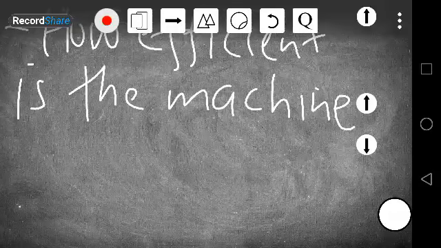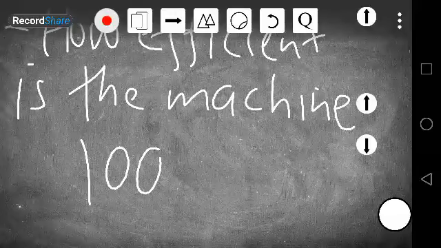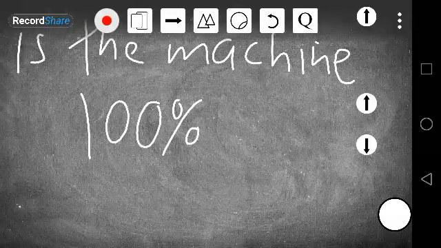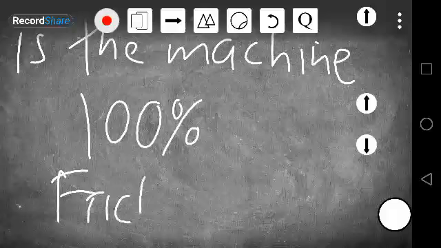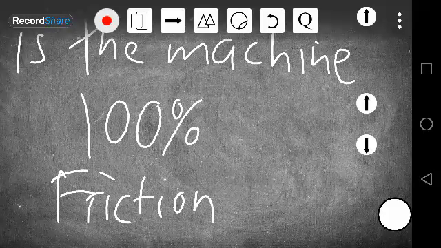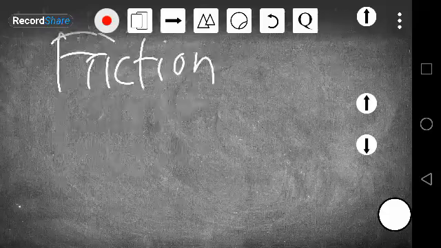So a machine should be 100% efficient. A very good machine should be 100% efficient. But however, this is not always the case, because some energy is lost due to friction of moving parts. So moving parts cause friction, and energy is lost. So no machine is 100% efficient because of that. So in trying to make our machine as efficient as possible, we start finding ways of reducing friction.